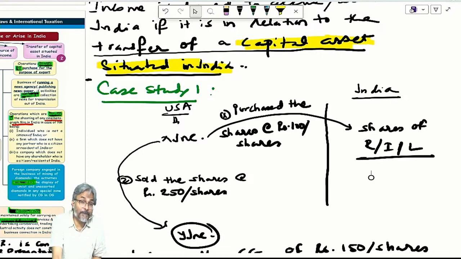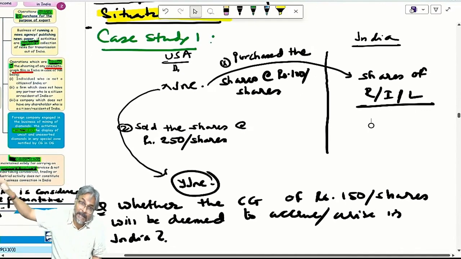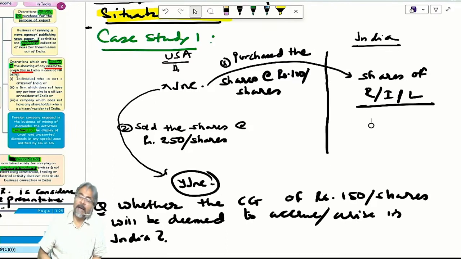The shares of a company are said to be situated at the place where the company is incorporated. And where is RIL incorporated? In India. So therefore the shares of RIL are situated in India.